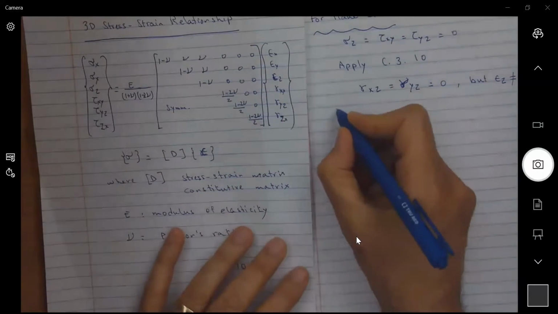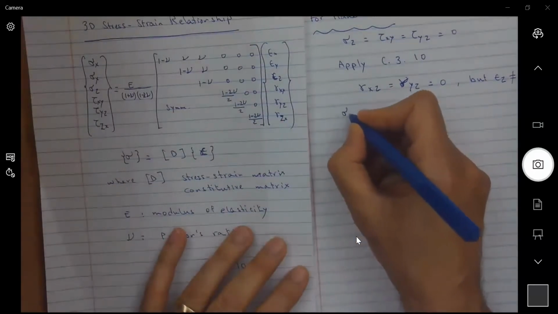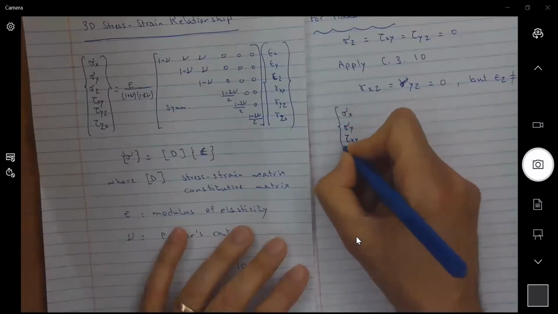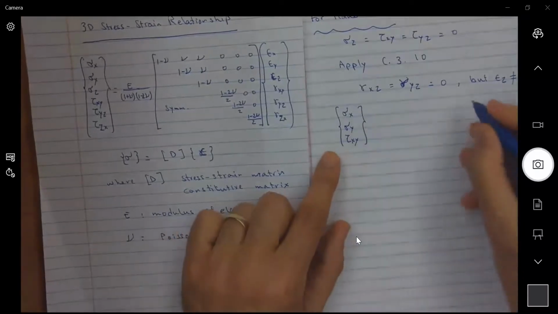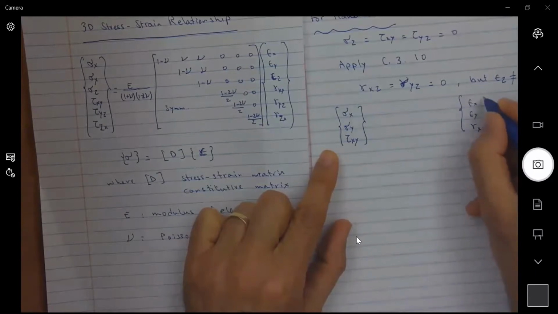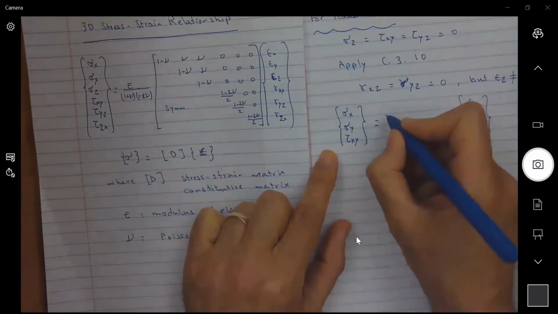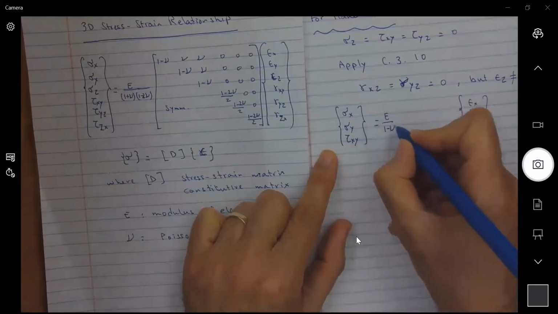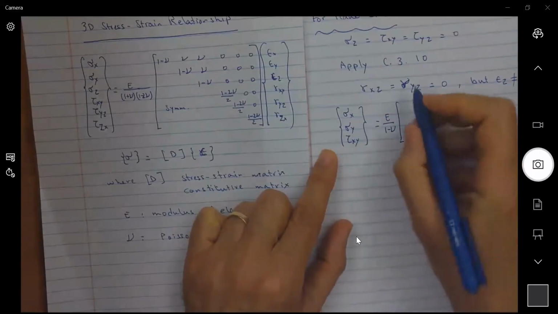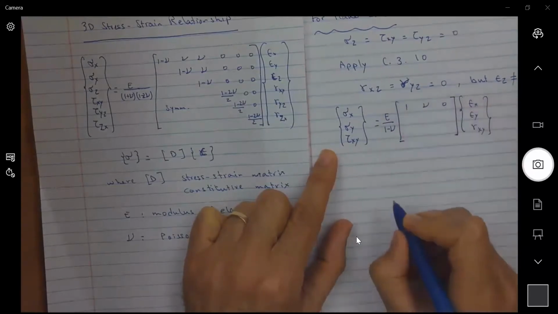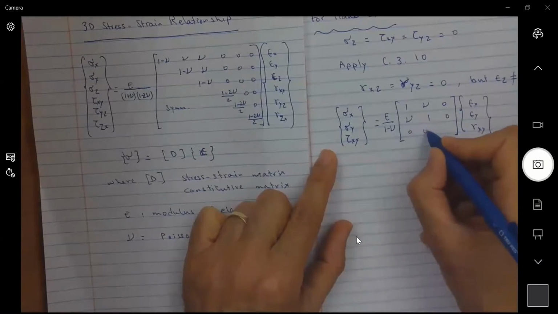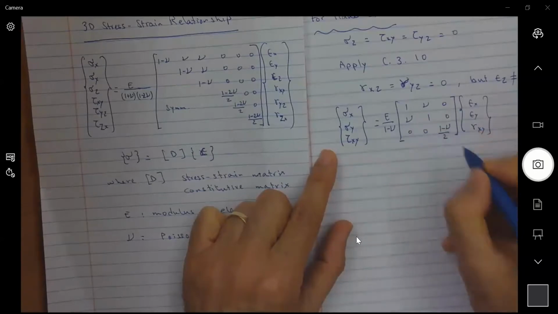But if we only have the plane stress components sigma x, sigma y, and tau xy, we can relate these to epsilon x, epsilon y, and gamma xy using E over 1 minus nu squared multiplied by the matrix 1, nu, 0; nu, 1, 0; 0, 0, and 1 minus nu over 2.